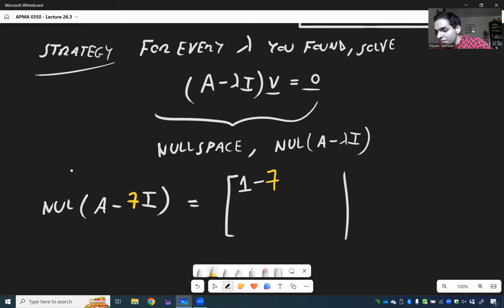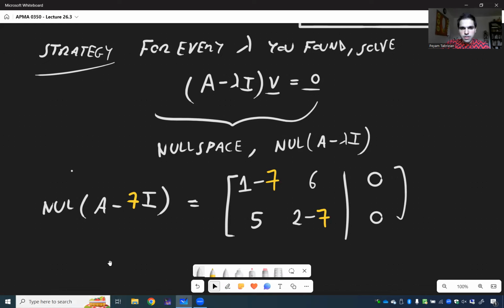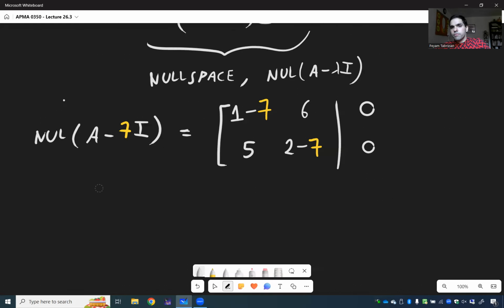So 1 minus 7, 6, 5, and 2 minus 7. This looks weird, but it is the matrix you had from eigenvalues. And then to write 0 on the right-hand side, you just add two zeros.